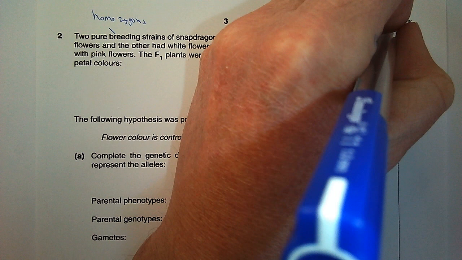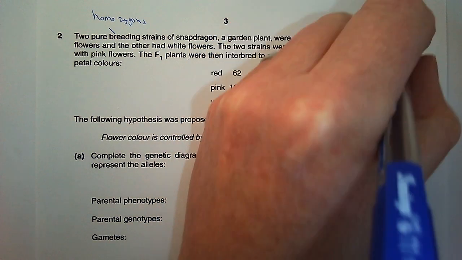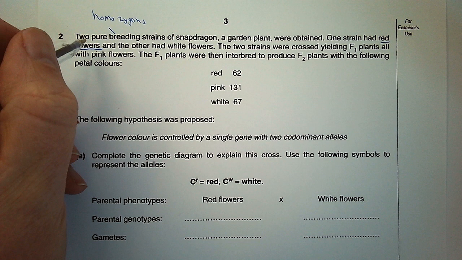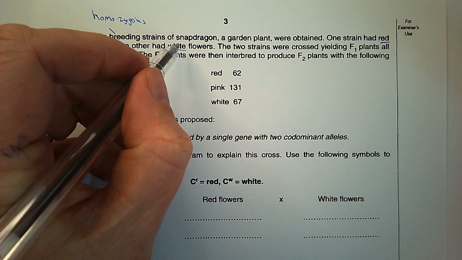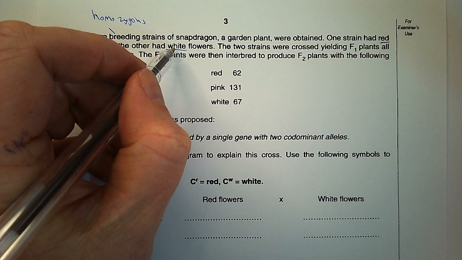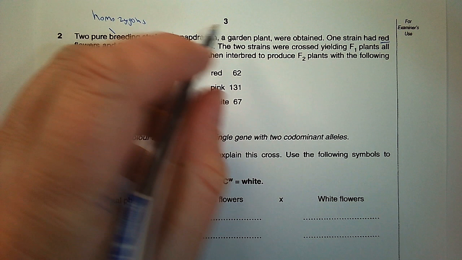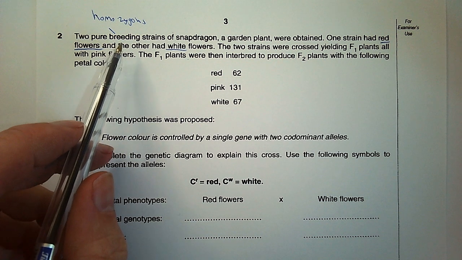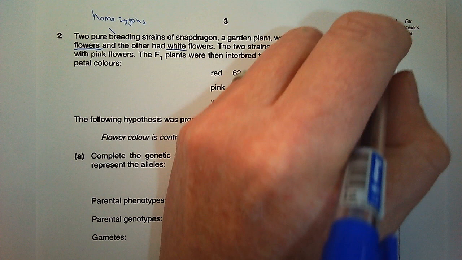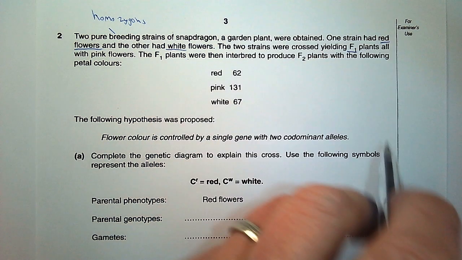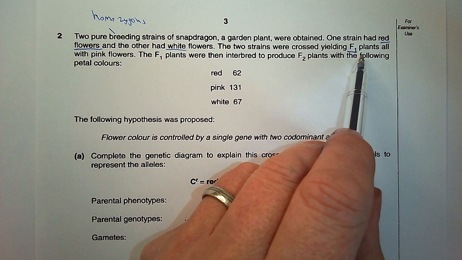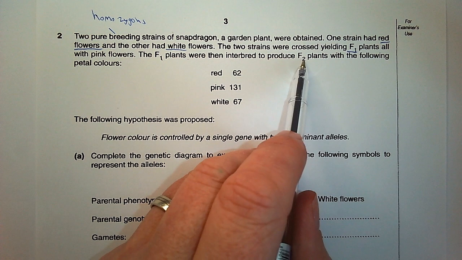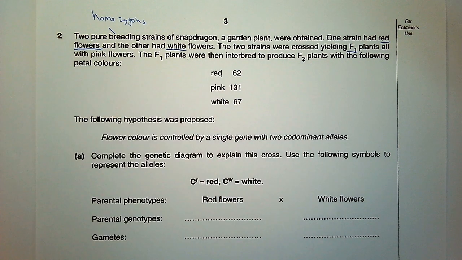So a red flower will only have the alleles for red, and a white flower will only have the alleles for white. These two flowers will not be heterozygous. F1 is the first generation that is crossed, and F2 is the second generation, and these are the results of the second generation.